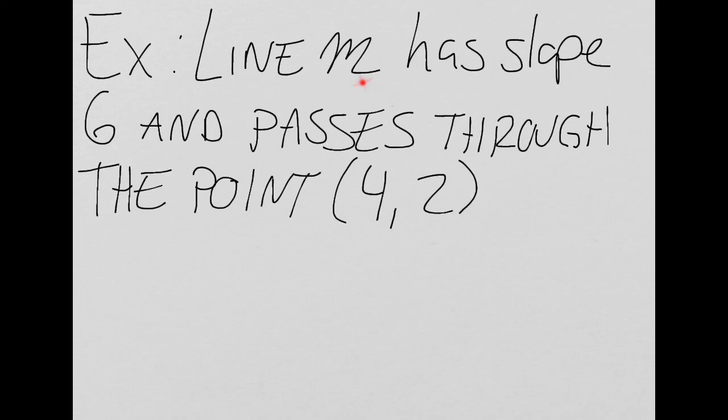So now let's try to write an equation for line M in the point-slope form. So we're told that line M has a slope of 6 and it passes through the point 4, 2. So remember, the point-slope form is y minus y1 equals m times x minus x1.